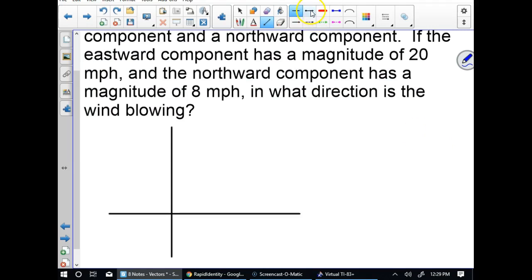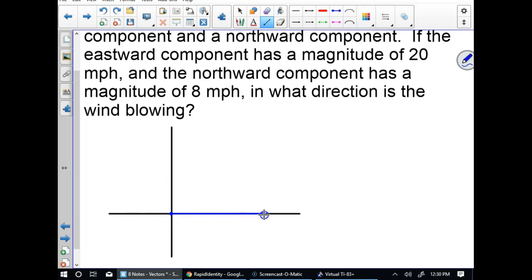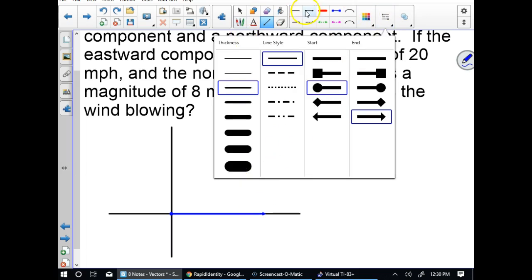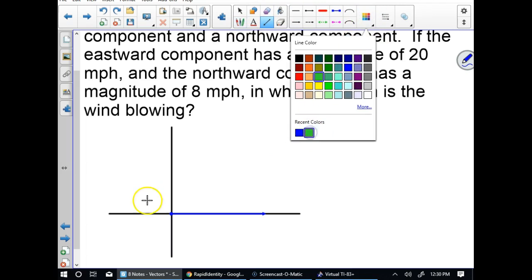And I know that one component of the wind is eastward with a magnitude of 20. So I draw in a vector starting right here, going to the east at 20 miles per hour, and I also draw in a vector going to the north.